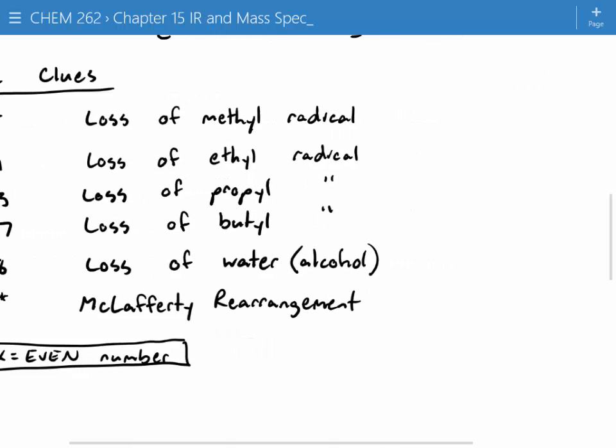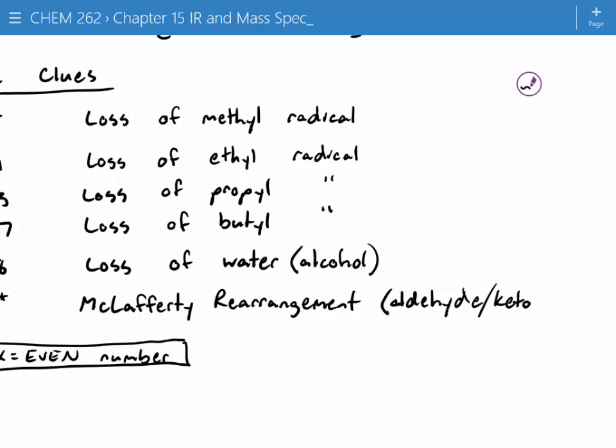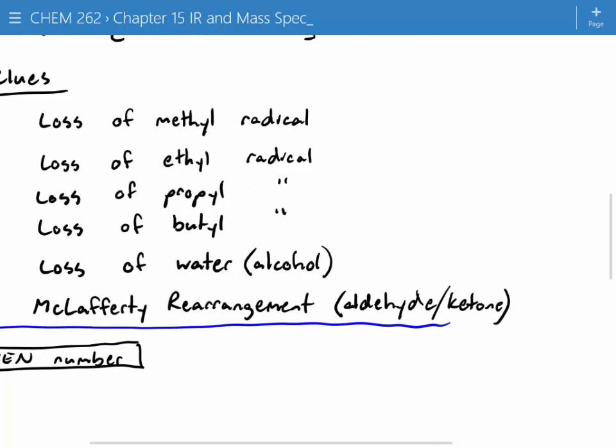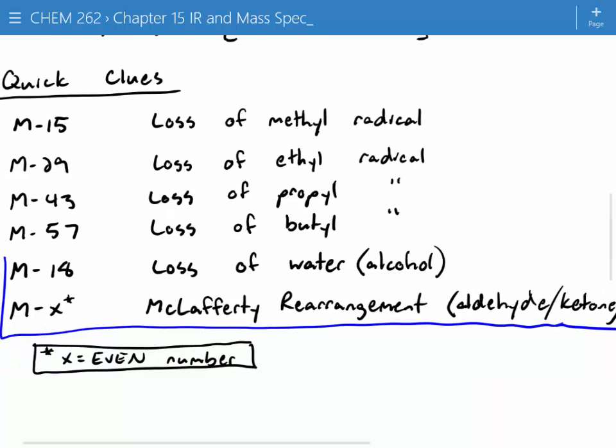And this is really indicative of an aldehyde or a ketone. All right, so let's address these last two because we haven't really seen a rearrangement where we observe loss of water or a rearrangement of a ketone or aldehyde.